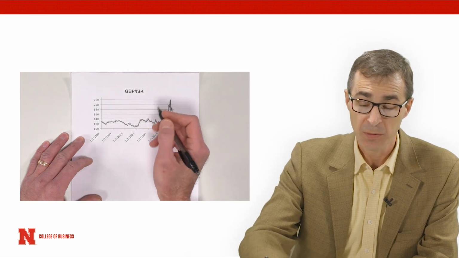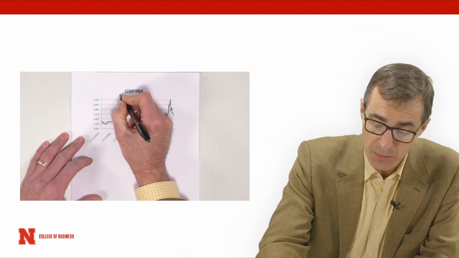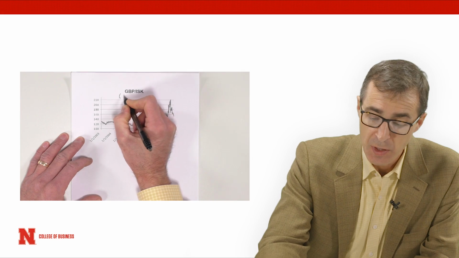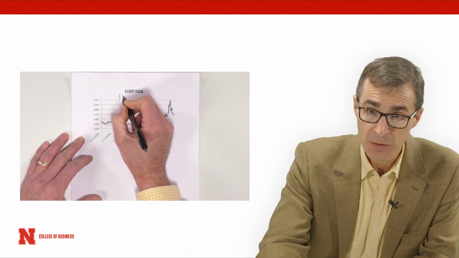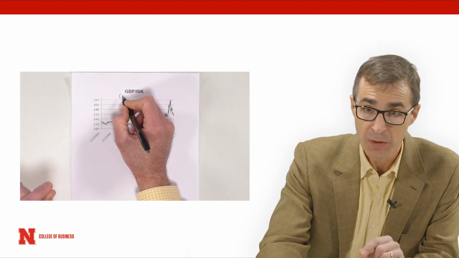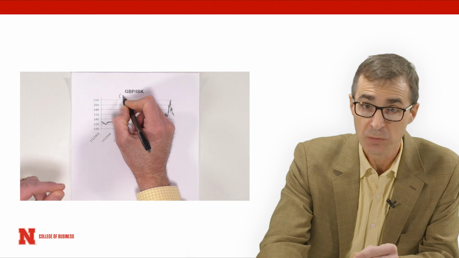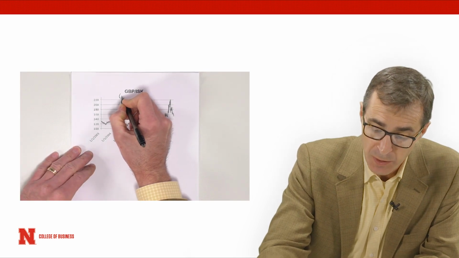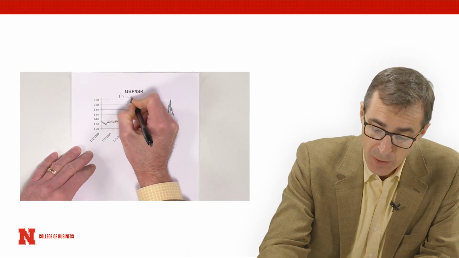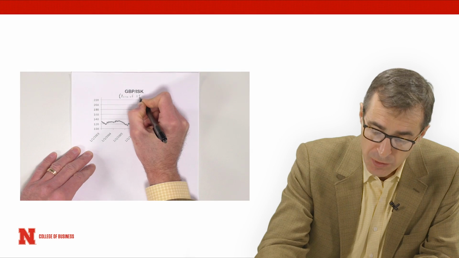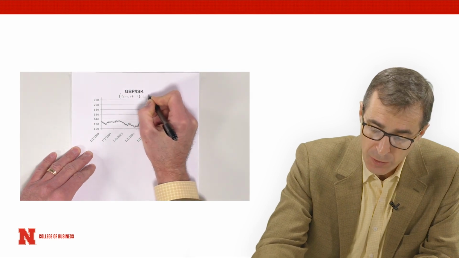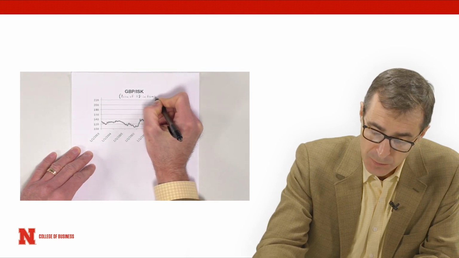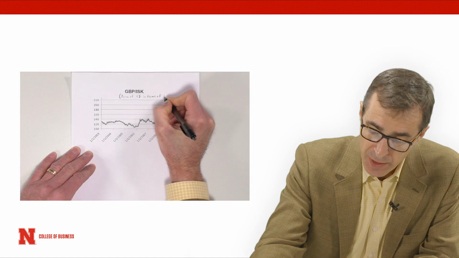There's a subtle but very important distinction. So anytime you're dealing with foreign currencies, it's the price of the first, or the price of 1 unit of the first currency, in terms of the second currency. So here, this is the price of 1 British pound in terms of Icelandic krona.